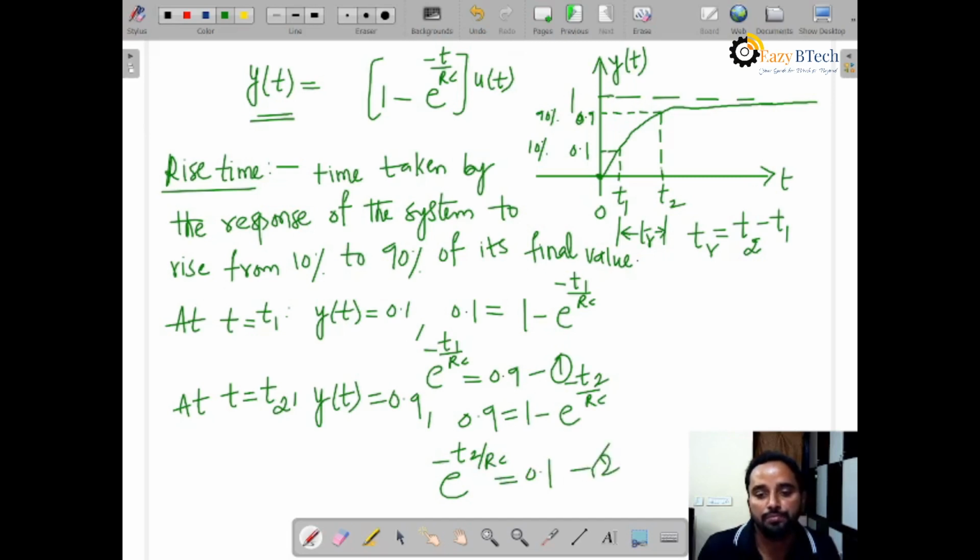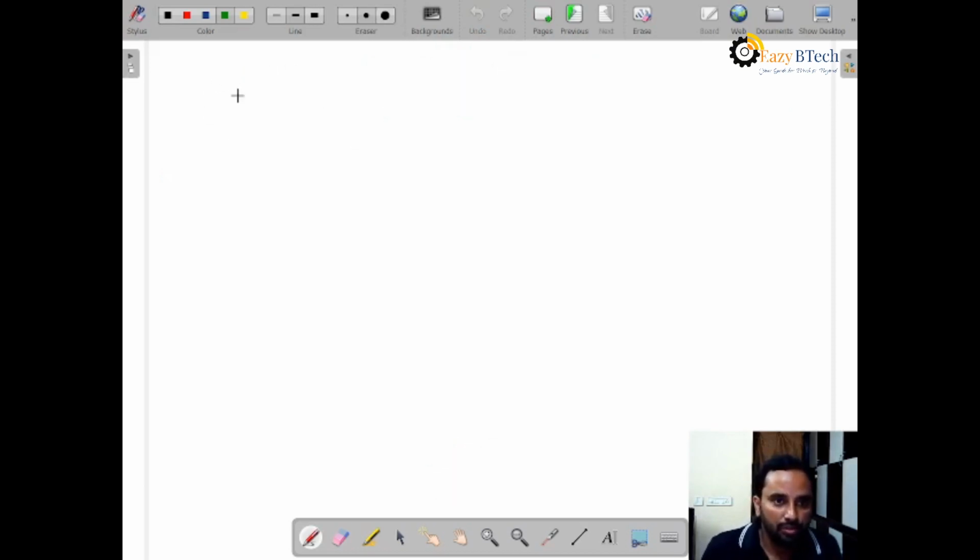This is equation 2. So we do 1 by 2: e power minus t1 by RC is 0.9, e power minus t2 by RC is 0.1, so e power minus t1 by RC divided by e to the power minus t2 by RC is equal to 0.9 by 0.1.